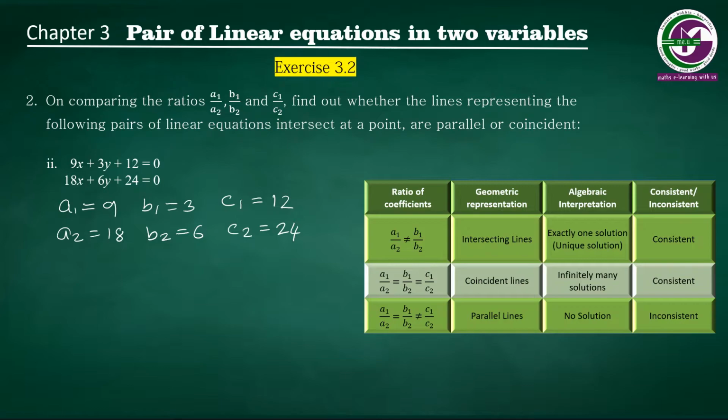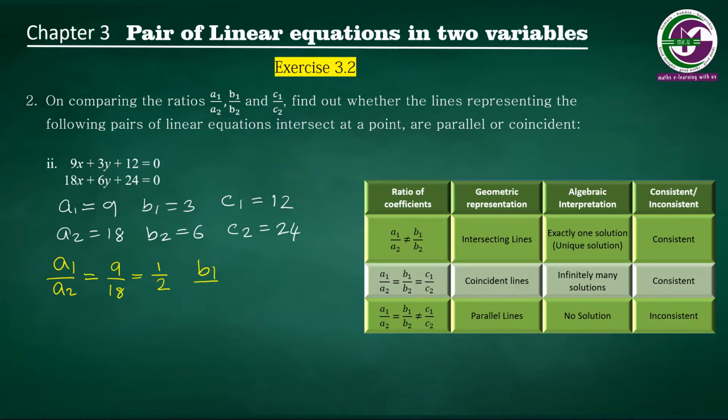Now we can find the ratios. a1 by a2 equals 9 divided by 18. 18 is 2 times 9, so you can divide numerator and denominator by 9 and get 1 by 2.